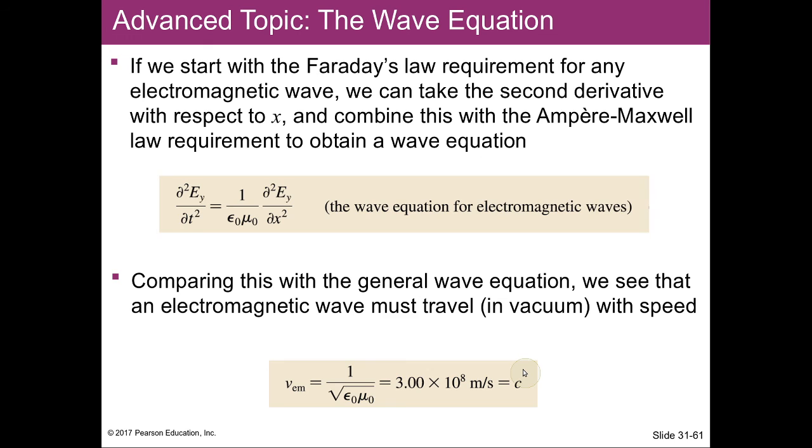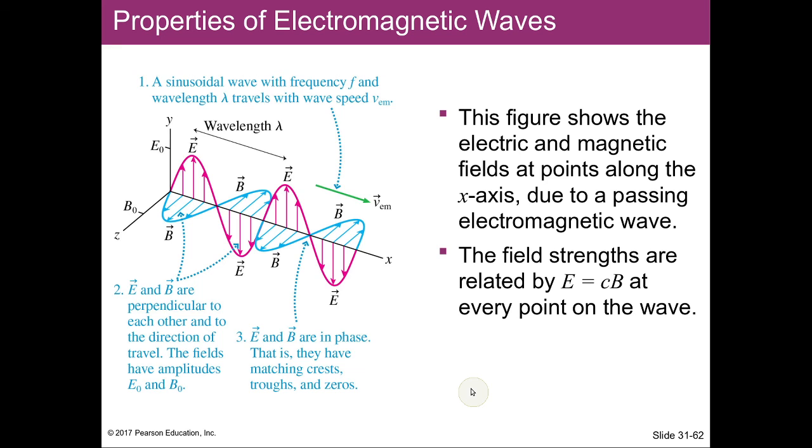And so this is pretty convincing. Electromagnetic waves can exist with the waving magnetic and electric fields propagating through space. And this is what Maxwell did. And it matches the experimental speed of light. And so we find that there are electromagnetic waves with perpendicular electric and magnetic fields propagating through space.